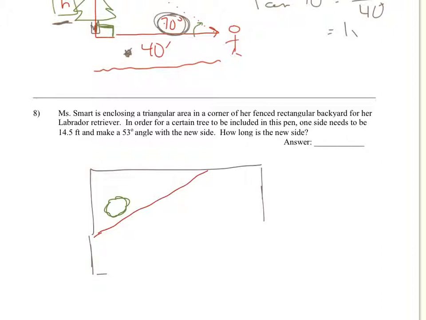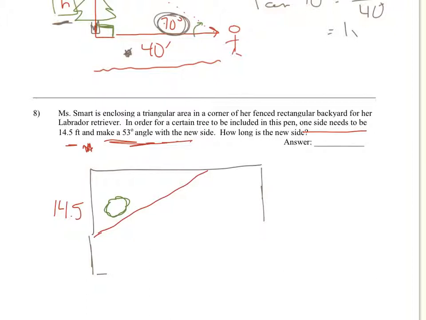This red line could be a full diagonal. Doesn't make much difference in our picture. We're trying to get the idea. So, sentence 2, in order for the tree to be included, one side needs to be 14.5. They don't tell us which side should be 14.5, so I will just pick one. I could have also chosen the other. It says one side needs to be this long, and that side will make a 53-degree angle with the new side.